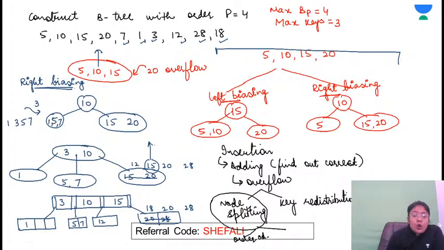And whenever you are going for node splitting, then we have the scenario if the order is even or odd. If the order is odd, then splitting will be done on the basis of the middle element, and if the order is even, then in that case we have to consider whether it's a case of left biasing or right biasing. So this is all what we have discussed. And apart from that, we have discussed the structure of the B tree node, leaf node and the internal node.